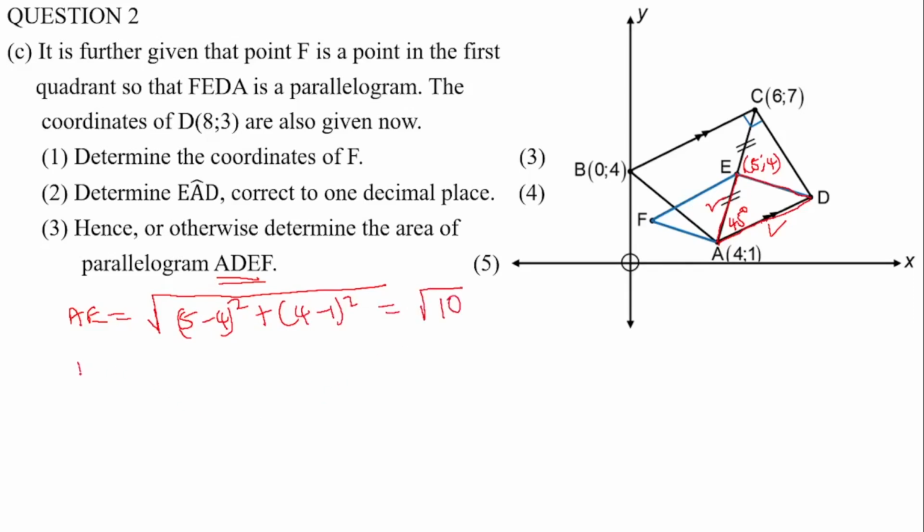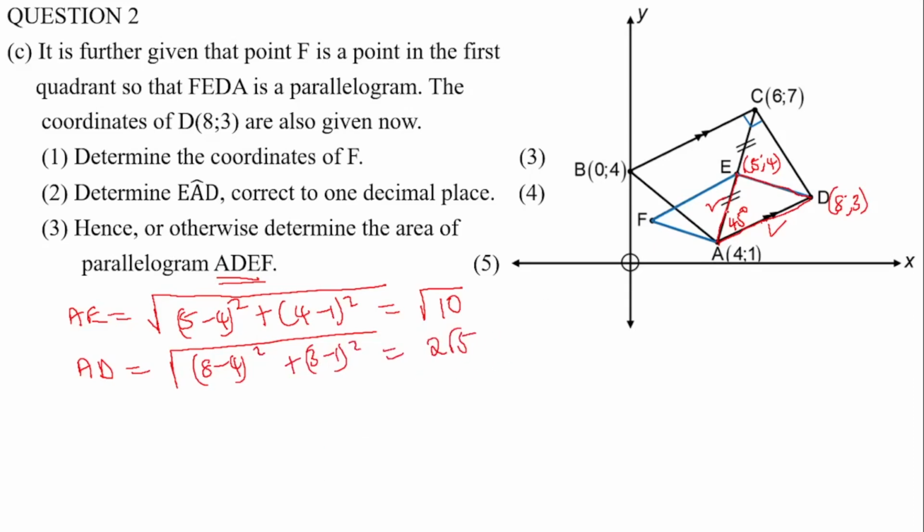And then AD is equal to the square root of, we have the coordinates of D, (8, 3), so (8 minus 4) squared plus (3 minus 1) squared, which is 2 root 5.